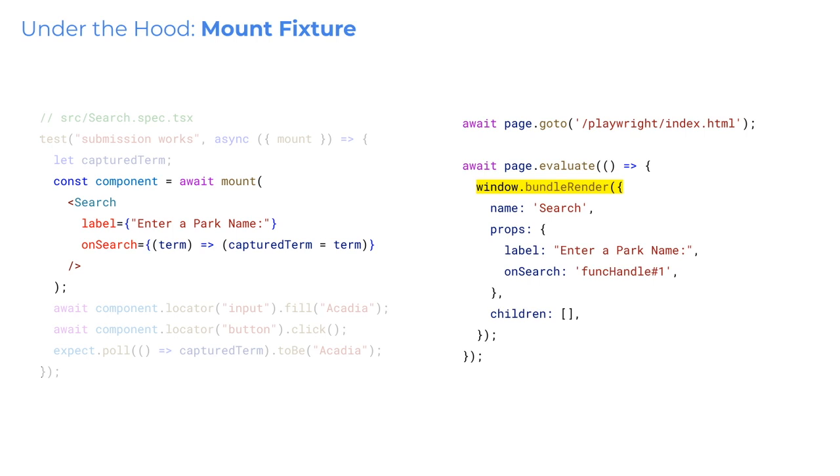It passes a serialized version of your component, just the name in this case, and a serialized form of the props. For functions, it's sort of a handle. Then it renders your component in the page, and we're ready to run the rest of the test. Okay, magic, but I understand it now.